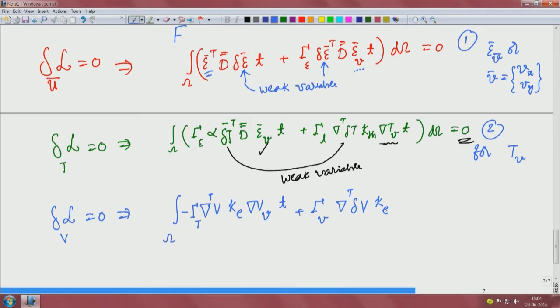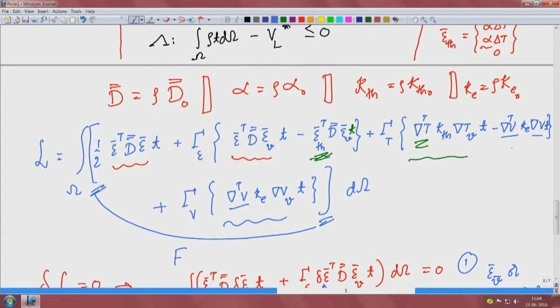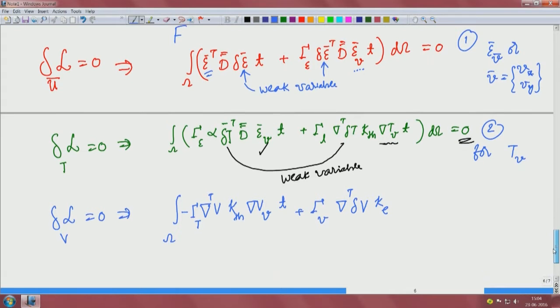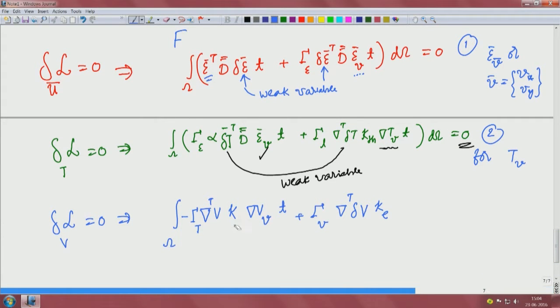Here it is Ke, sorry, this came from Kth, thermal conductivity. So, let us look at the term we were writing. Oh, that both is actually Ke. So, del v and then del v. Yeah, that is Ke here, okay, and this is also Ke, and then we will have del v v t, all of this integrated equal to 0.